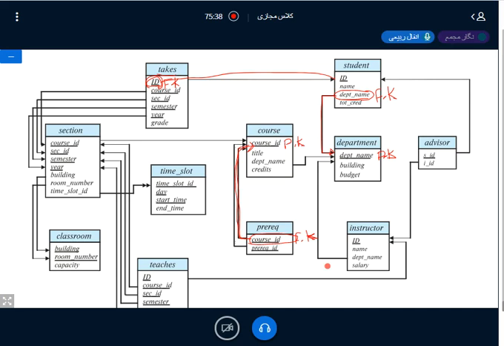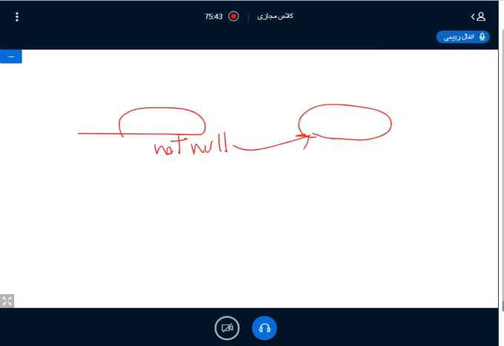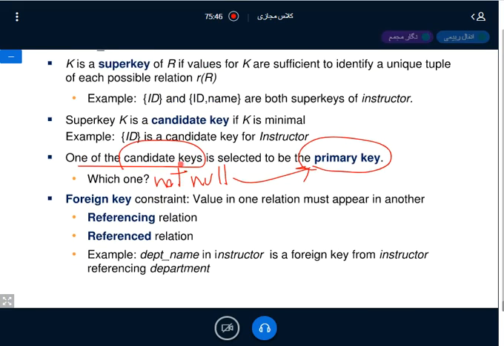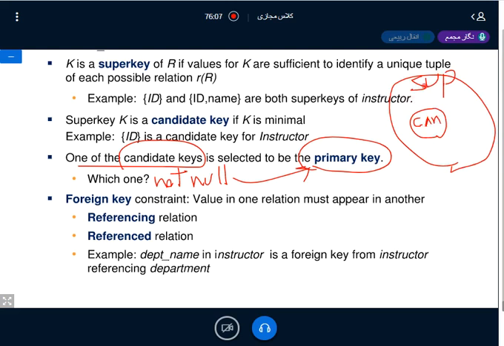Is the super key the same as the primary key, and is the foreign key the same as the candidate key? No. One of the super keys is the candidate key, the one that is minimal. Okay? We have the super key here, and the candidate key is here. A candidate key is a super key that is minimal. And the primary key is a candidate key.